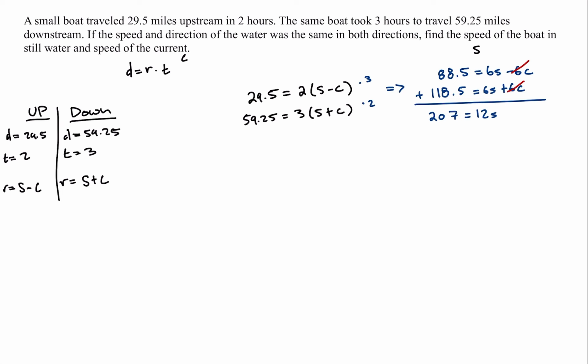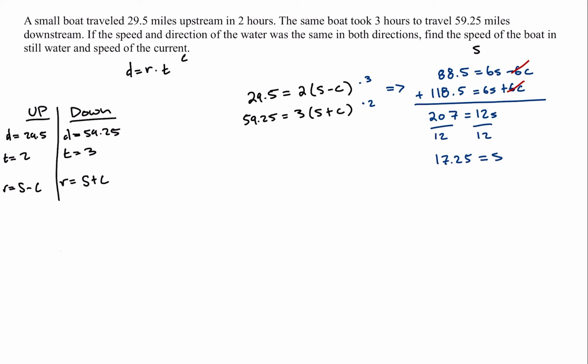To get S all by itself, I'll divide both sides by 12. 207 divided by 12 gives me S equals 17.25.